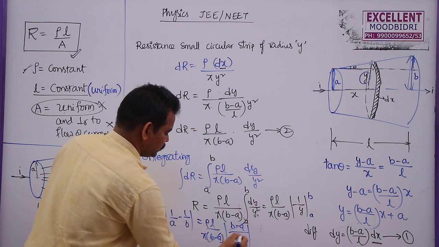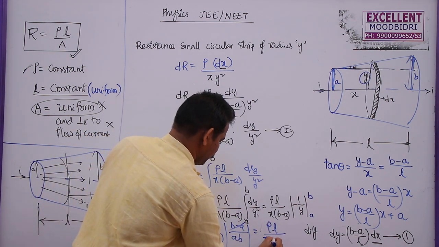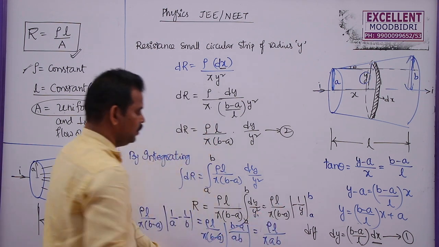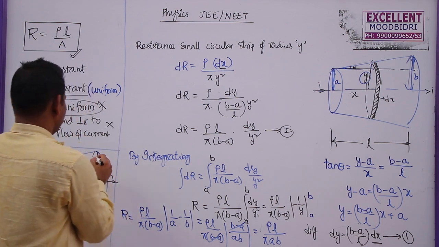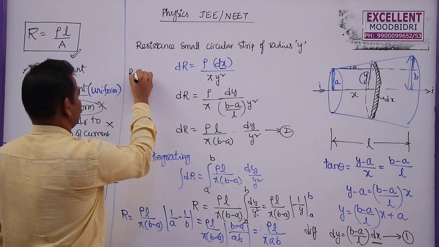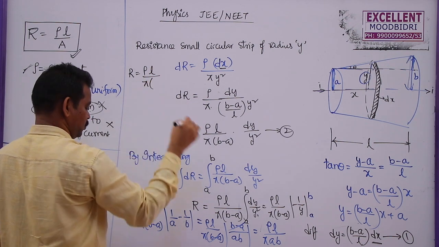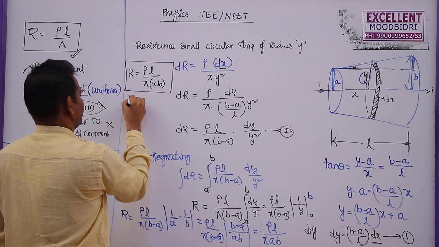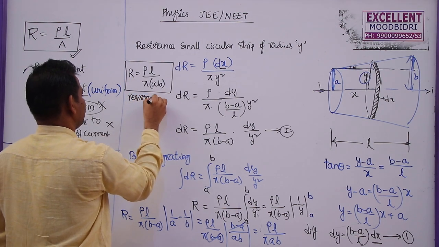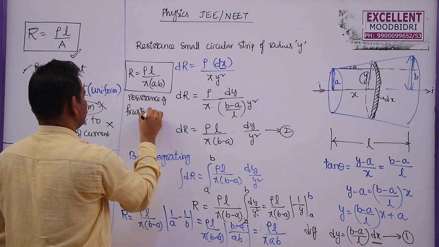You can cancel b minus a, b minus a, and the final answer is rho L by pi into ab. So the resistance of a frustum of cone is given by R is equal to the resistivity into length by pi into the product of a and b. This is the resistance of a frustum of a cone.